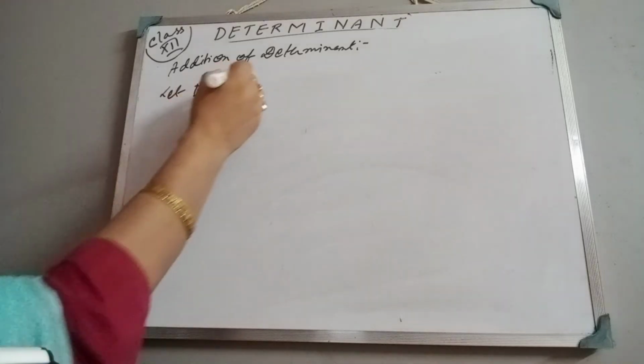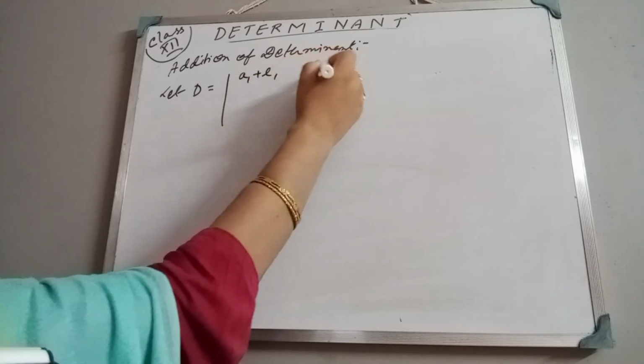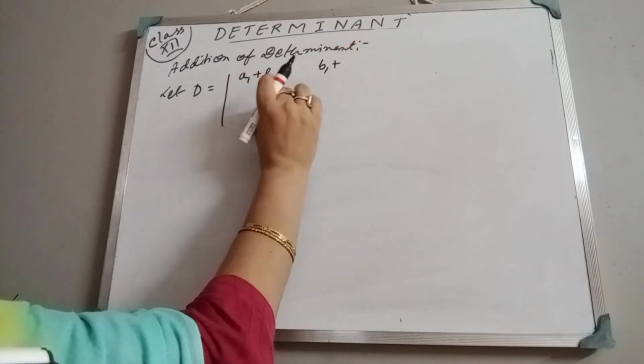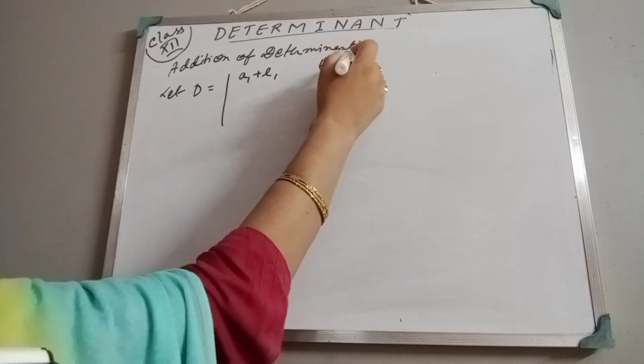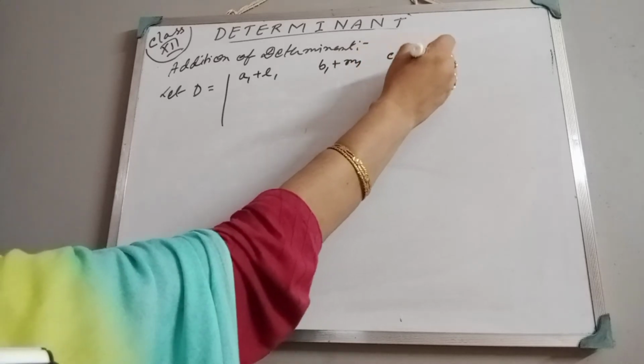Sum of two terms means A1 plus L1. First row elements are written in the form of sum of two elements. So B1 plus M1 and C1 plus N1.